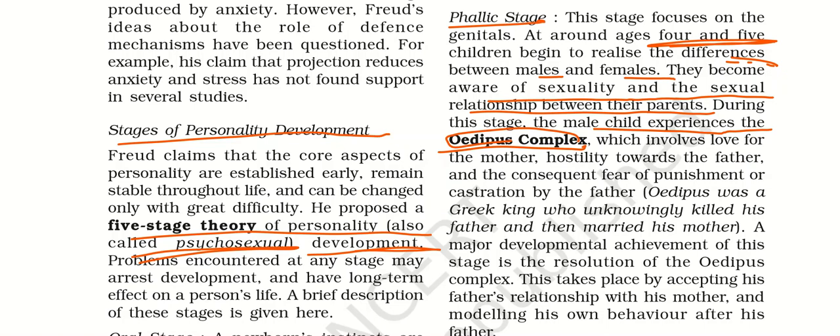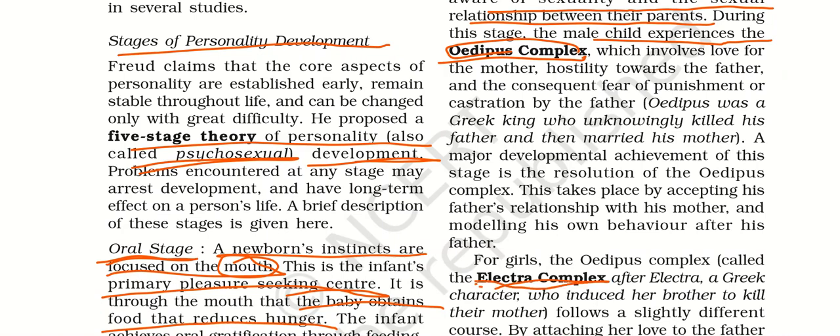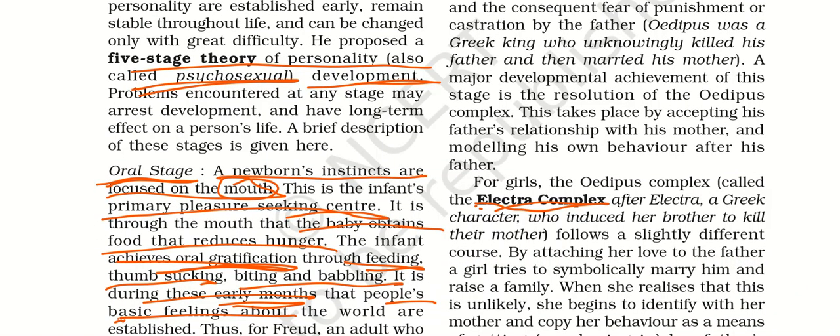But in females, it is the Electra complex. For girls, it is said to be the Electra complex, where they develop a love for their father. It was also derived from the Greek queen Electra, who induced her brother to kill their mother. It follows a slightly different course by attaching her love to the father. A girl tries to symbolically marry him and raise a family.